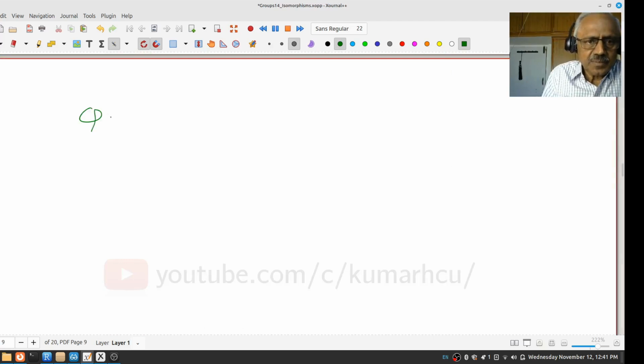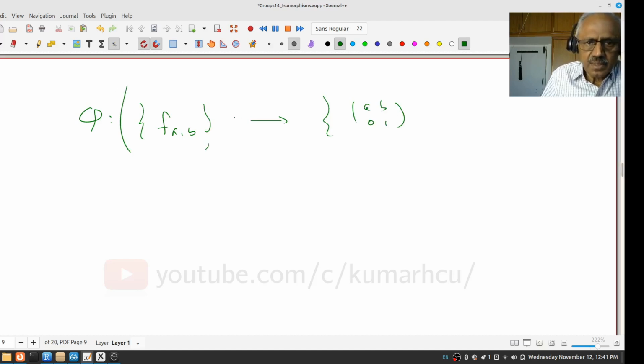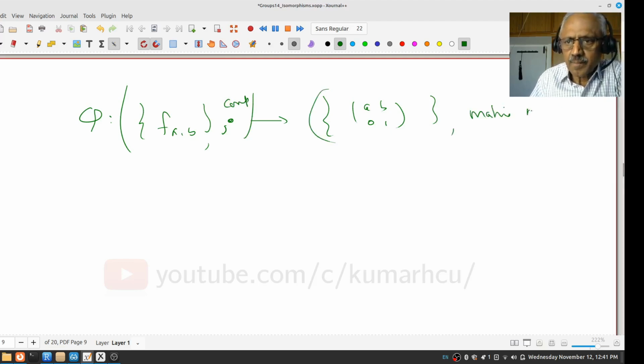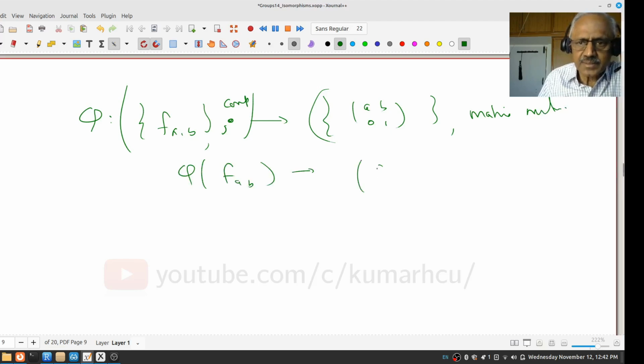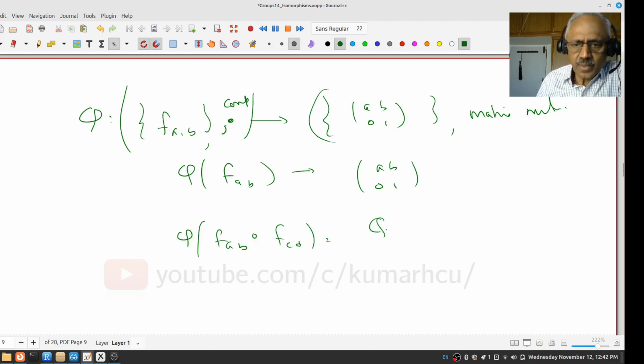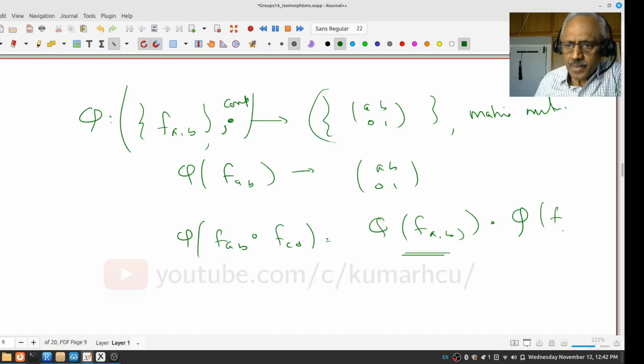So, if I think of this map phi from the collection f_{a,b} with composition to this collection of matrices [[a, b],[0, 1]] with matrix multiplication, and phi of f_{a,b} is mapped to the matrix [[a, b],[0, 1]], what I found was that phi of (f_{a,b} composed with f_{c,d}) is phi of f_{a,b}, which is the matrix, times in matrix multiplication phi of f_{c,d}.